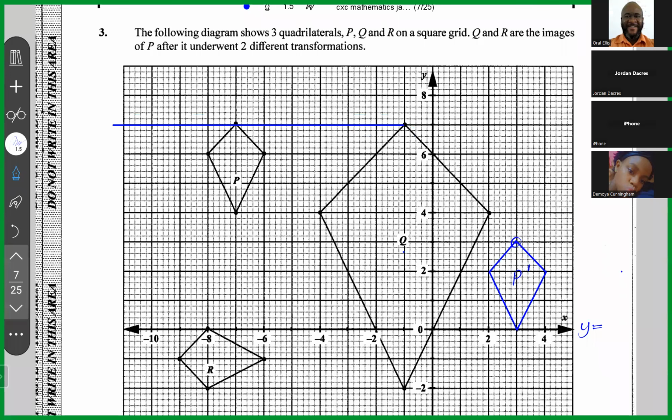These 2 points are corresponding points, the same points on the object and on the image. I'm going to draw a straight line through those 2 points. Anywhere the 2 straight lines intersect, that point is my center of enlargement.